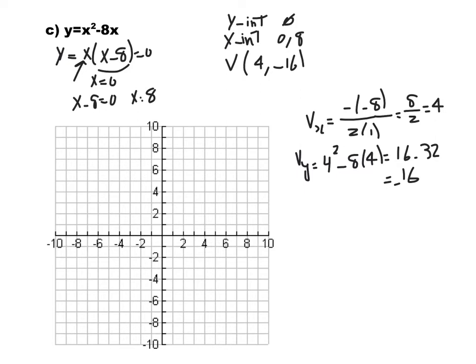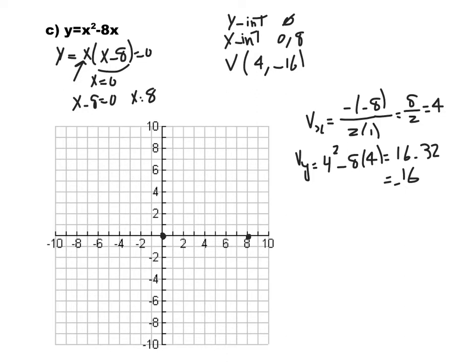So I have these 3 points, enough to plot the graph. The first one is the y-intercept, which is 0. So this is my y-intercept. The second one, x-intercepts are 0, which is the same as the y-intercept, and also 8, which is here. And the next one is the vertex, which is 4 and negative 16.